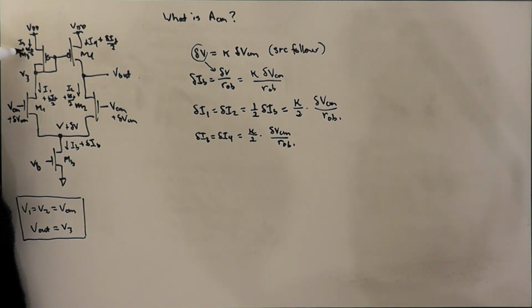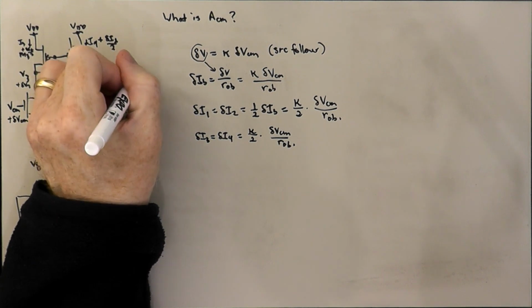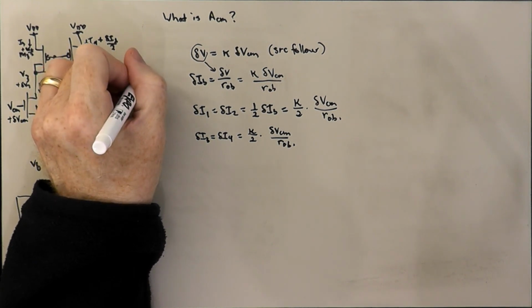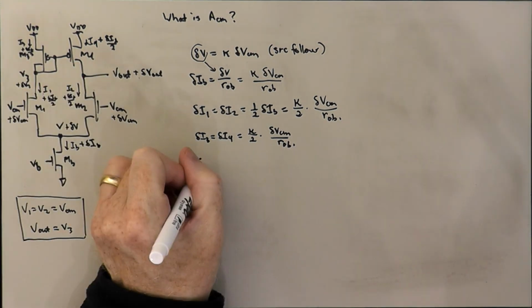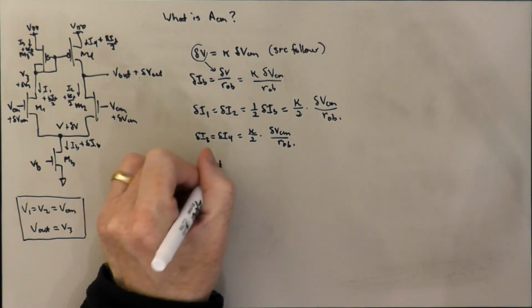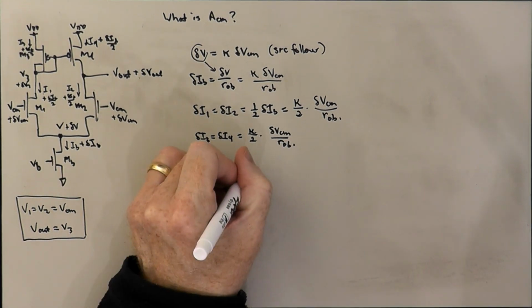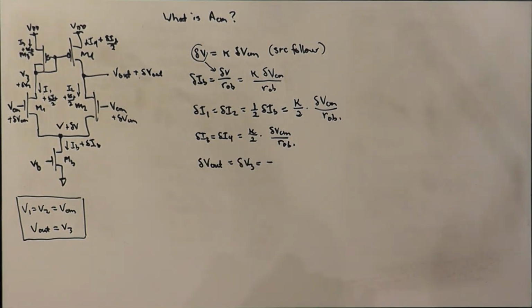Well, it's a PMOS transistor, and so in order for it to pass more current, the gate voltage is going to have to decrease. And so V3 is going to have to go down, so it'll be a delta V3 and a delta V out, since V out is mirroring what's happening on V3. We're going to have a delta V out equal to a delta V3, which is going to be minus, right, because it's got to go down.